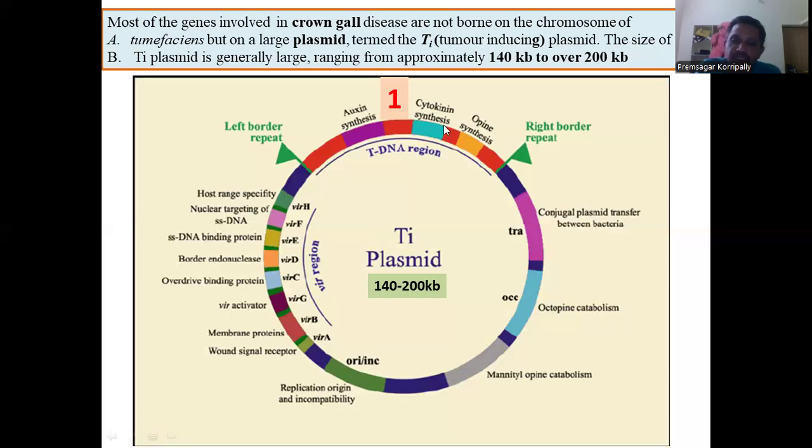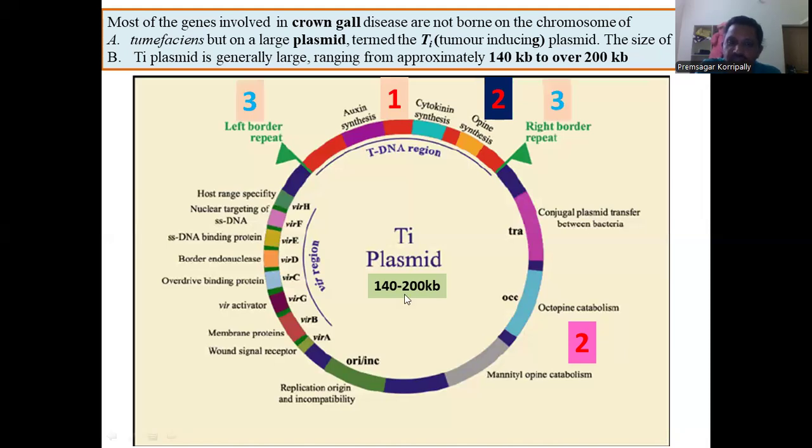Here I'm talking about opine synthesis and opine catabolism. Both synthesis and catabolism genes are there to catabolize those unusual amino acids or sugar molecules.